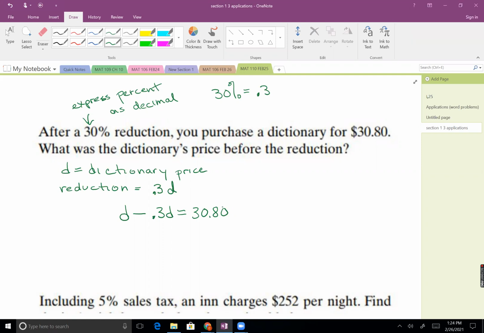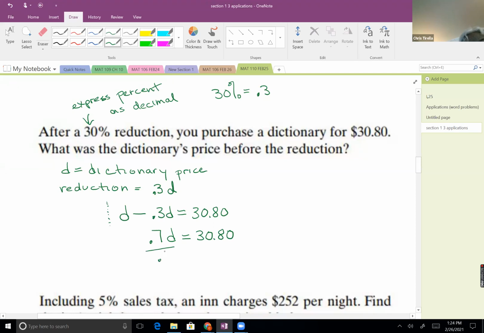No. If not, then these are like terms. Realize that this D is a coefficient of 1, and 1 minus 0.3 is 0.7. So I get 0.7D is equal to $30.80. And so now I'm going to divide both sides by 0.7.